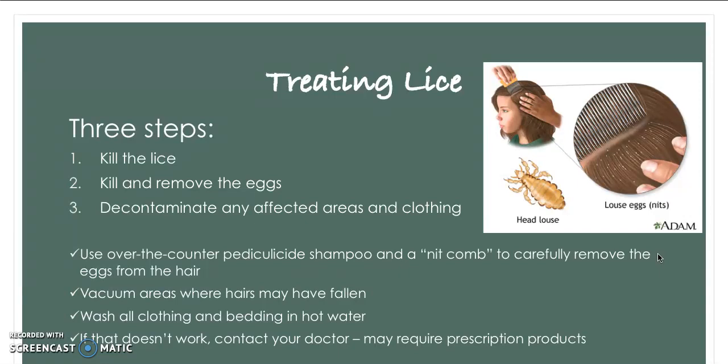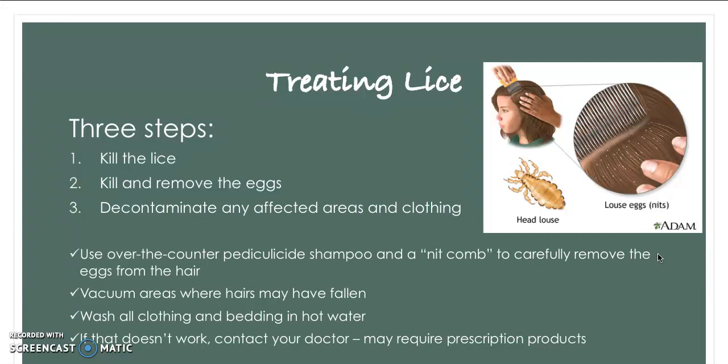So you're going to use over-the-counter shampoo and a nit comb. That's commonly what you use to get it out of the hair on the scalp. You're going to remove the eggs, and then you're going to vacuum all areas where the hairs may have fallen. They are going to probably stay on the hair follicles because that's what they cling to.